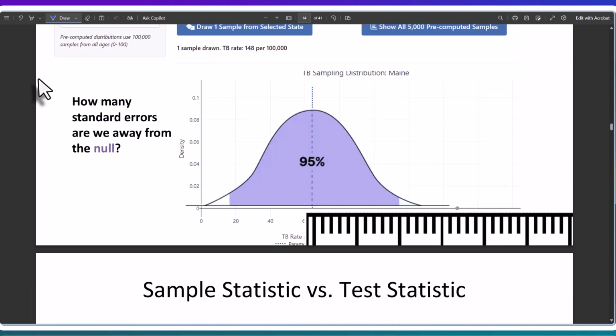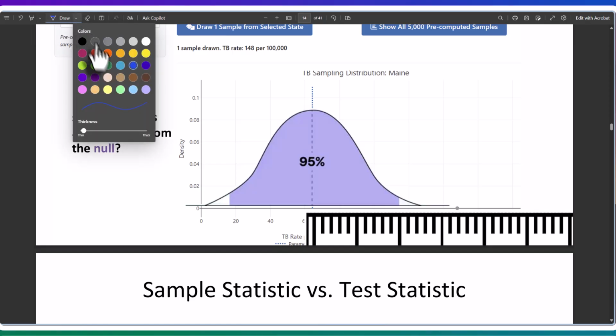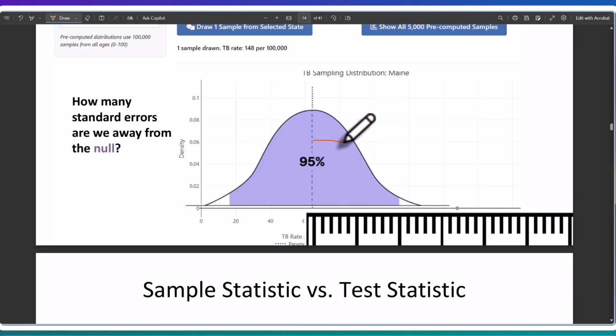We would need to know what the standard error is, and our standard error goes to about there. If this is one standard error, we can calculate how many standard errors away we are.